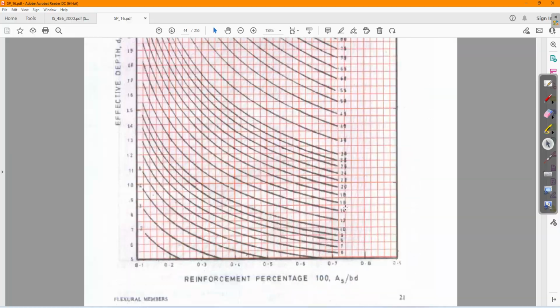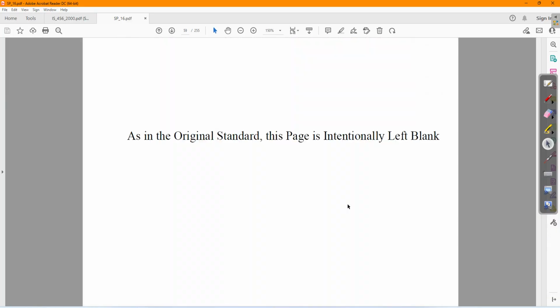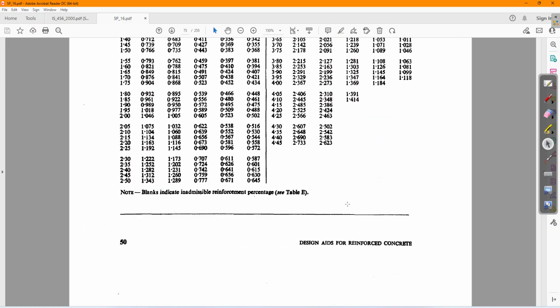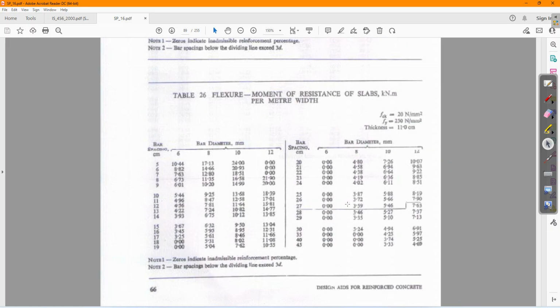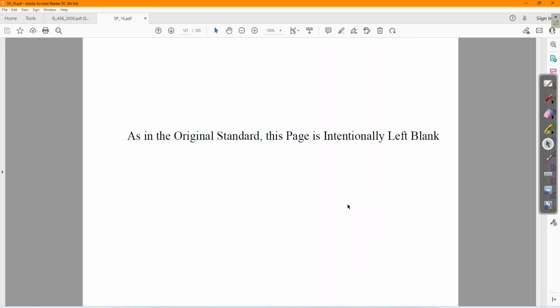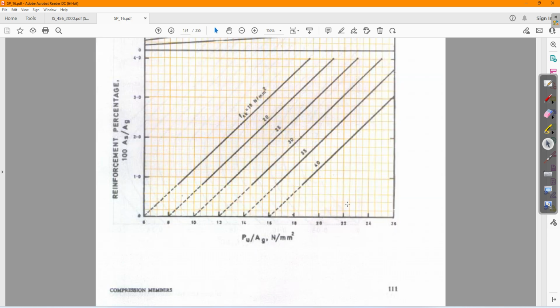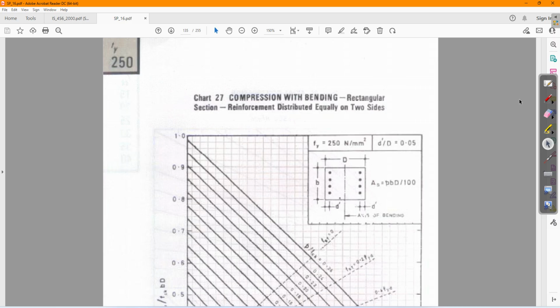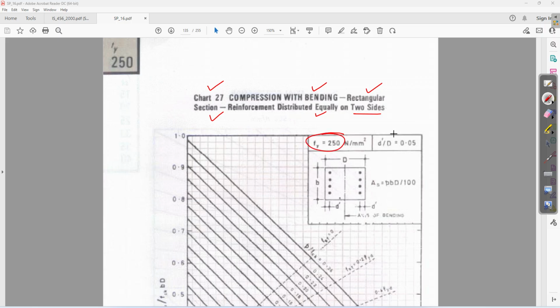If you open SP16, see here, chart 27: compression with bending, rectangular section, reinforcement distributed equally on two sides. This is for Fy 250 and cover ratio 0.05.